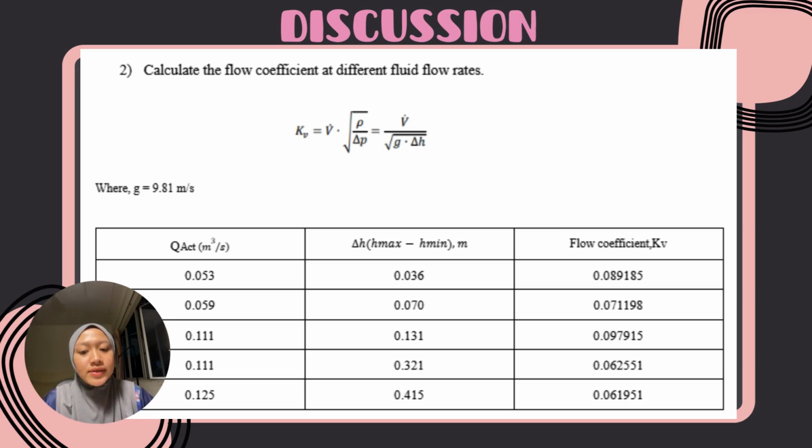By the formula given, we calculate the flow coefficient, where gravity is 9.81 meter per second squared, and the table shows Q in meter cube per second, and delta H, which is H maximum minus H minimum in meter, and we get the flow coefficient for this experiment.